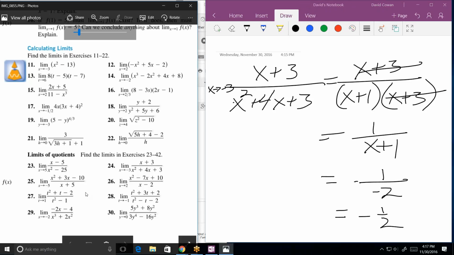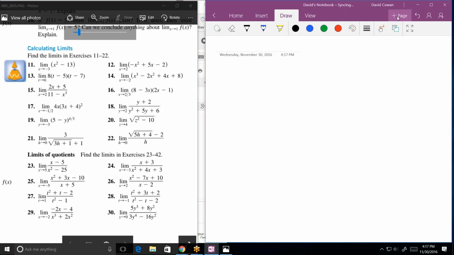27. Let's do 27 because that involves factoring both. We got t squared plus t minus 2 all over t squared minus 1. And as t goes to 1, we get 0 over 0. So factor top and bottom.